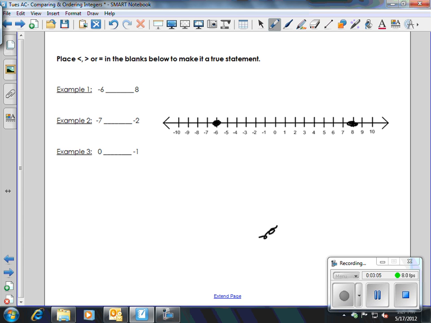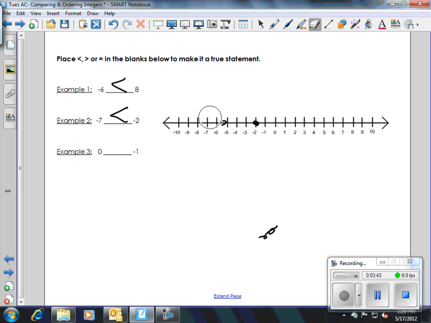So which one is less than? -6 is actually less than 8. -7 is the next one that we're going to be using. So -7 is right here. -2 is right here. Now please remember that the further this direction you go, the smaller the number is. So this is actually also a less than symbol because -7 is less than -2.